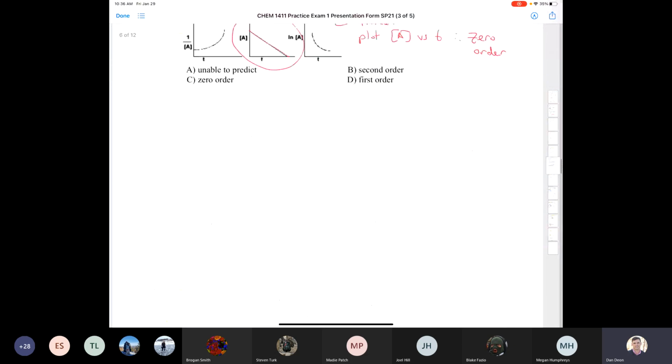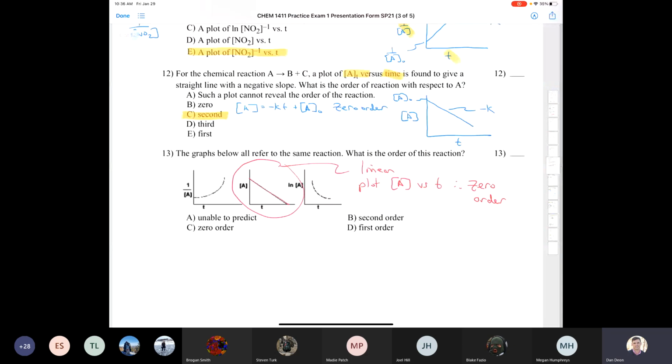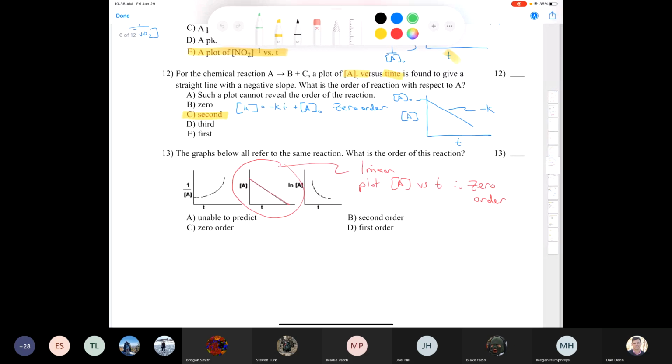Where's the question that I asked? This question right here, okay? Let's read question 13 from the practice exam. The graphs below all refer to the same reaction. You can plot whatever you want: 1 over A, ln of A versus time.